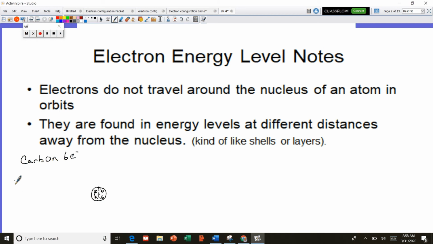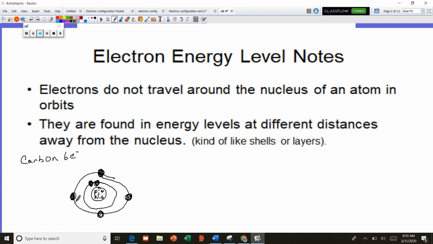Carbon's in the second row, so that means it has 2 energy levels. On that first energy level, we can hold 2 electrons. Since we're trying to accomplish 6, that means that we need 4 in the second energy level.